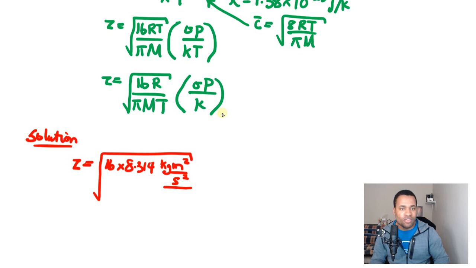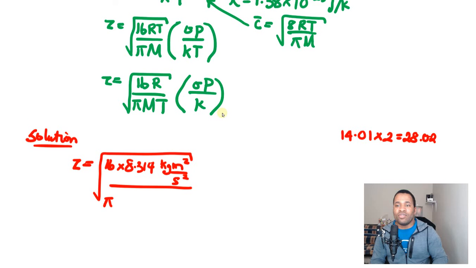And this here is going to be divided by, in this case, we know that we have our pi, and we know that m, take note, is the molecular weight of nitrogen gas. Since for one nitrogen atom the atomic weight is 14.01, and since we have 2, we multiply by 2, and that gives us 28.02. Take note, it's in grams per mole.